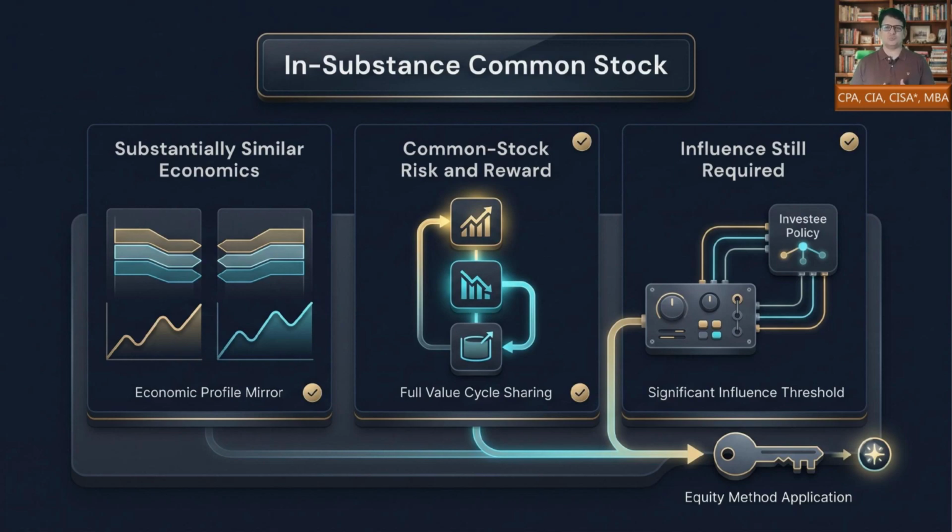But notice the two-part test here. Equity-like economics alone are not enough. Significant influence must also exist independently. So the question is not only, does this instrument look like common stock? The question is also, does the investor have practical ability to participate in the investee's policy decisions?